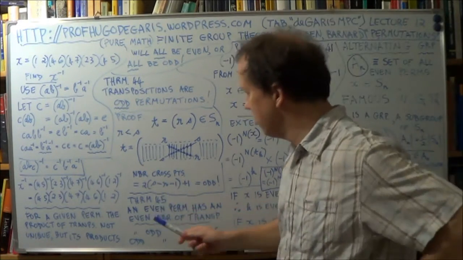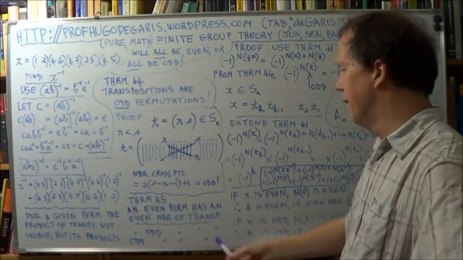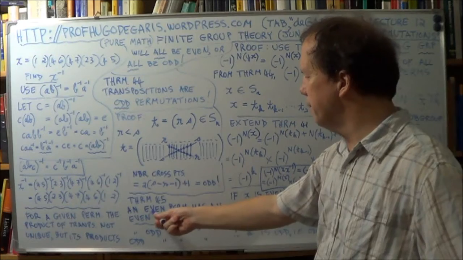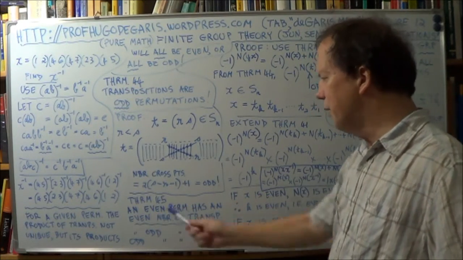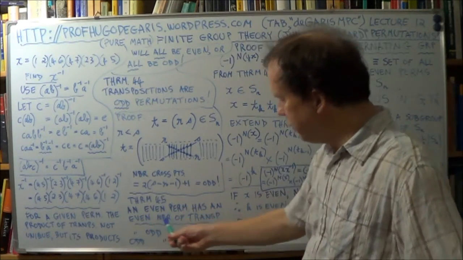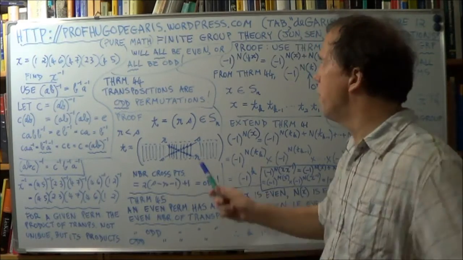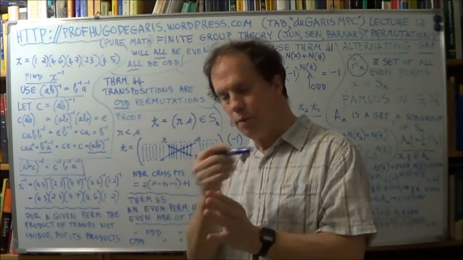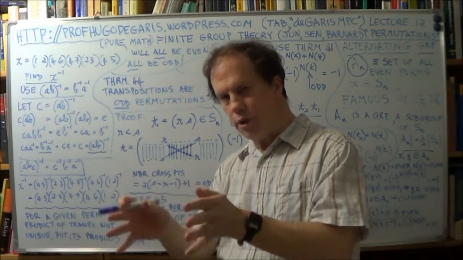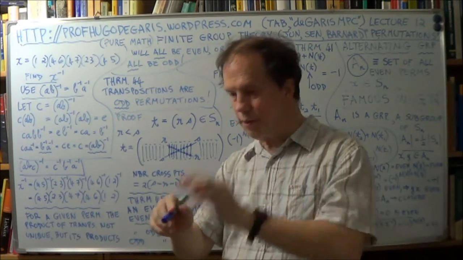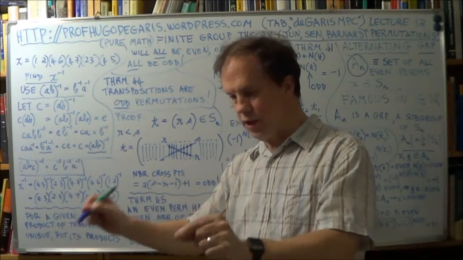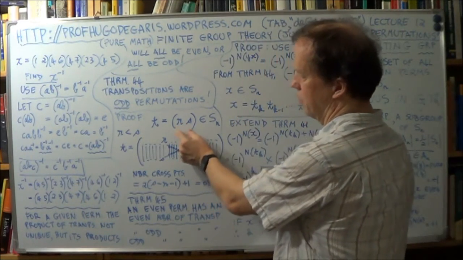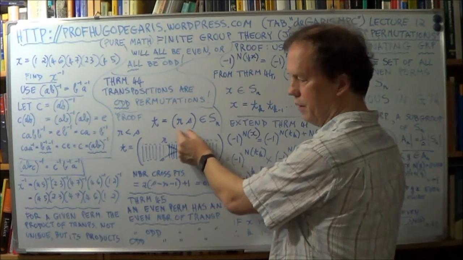All right. So next theorem, which will actually use this one, is quite a powerful result. Remember, from the previous session, every permutation can be expressed as a product of transpositions, which are cycles of length 2.